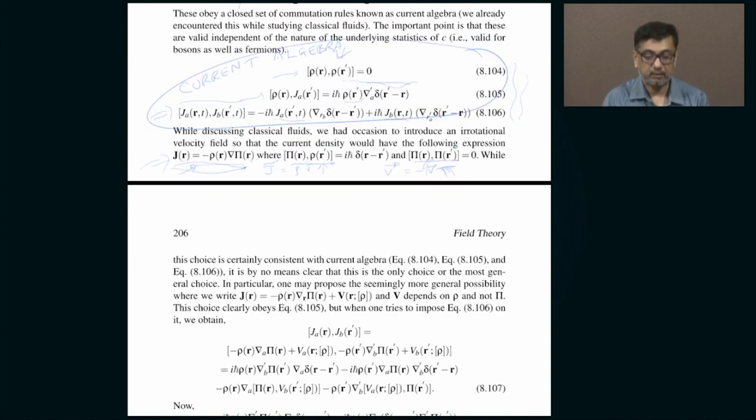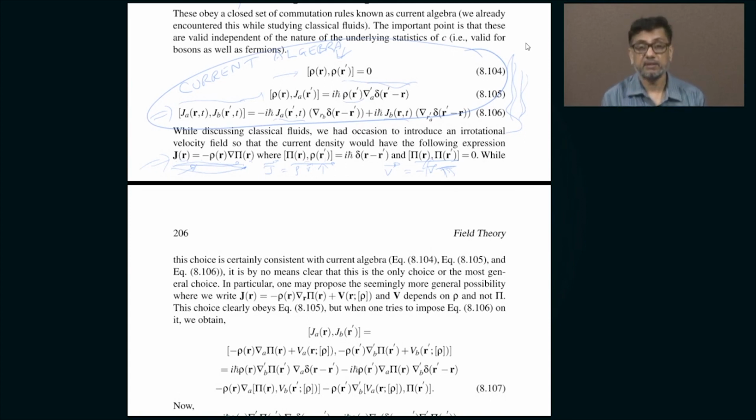Okay. So, this is important, but however, like I told you, just because j equals minus rho times grad pi, where pi is canonically conjugate to rho, is consistent with the current algebra, it does not necessarily mean that that is the only way of writing j.